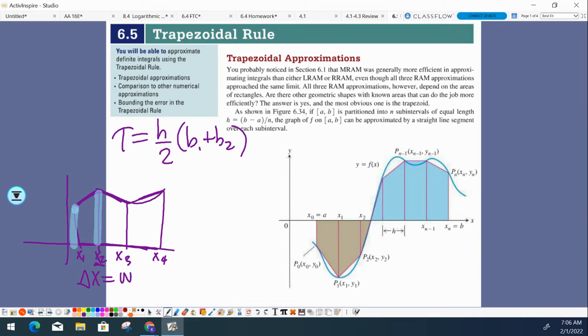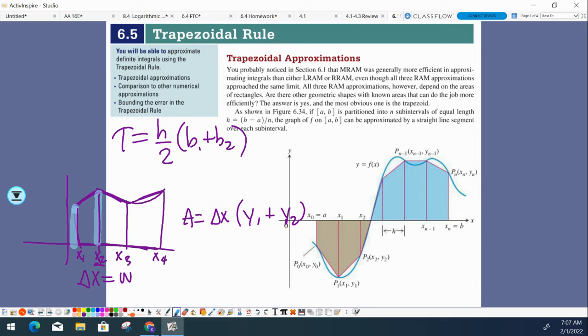So for this first trapezoid, to find the area, I'm going to take the change in x times this y value here plus this y value here.